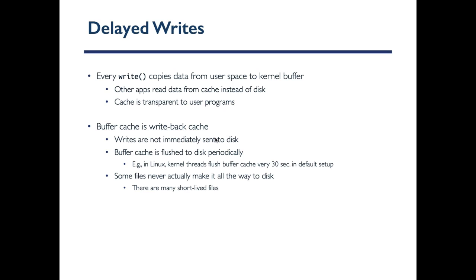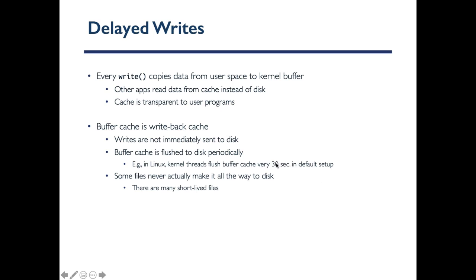To deal with that, Linux systems usually have a periodic write back process where you look at all the dirty blocks and write them to the disk, and it works roughly every 30 seconds. So every 30 seconds you write your data back to disk.